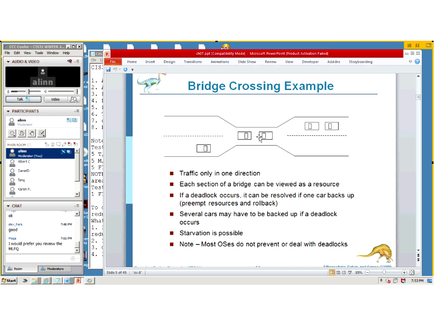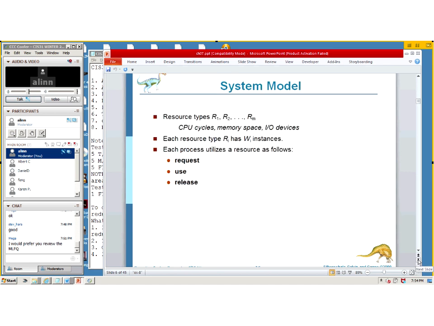And if you are deadlocked, like this situation here, you have to figure out what to do to get out of that situation. Please note the bottom note. Most OSs do not prevent or deal with deadlocks. And you'll see why. This is one of the more fascinating items.